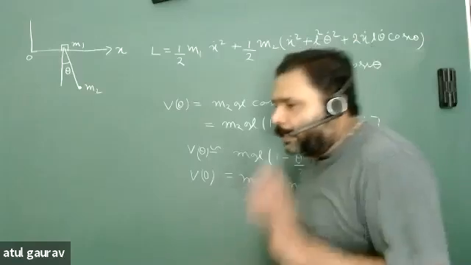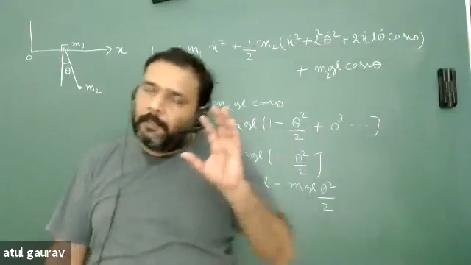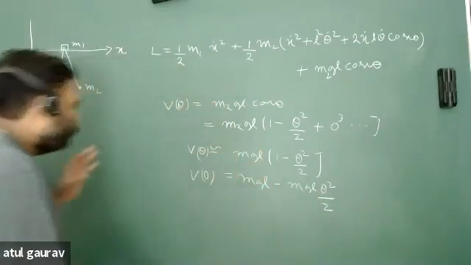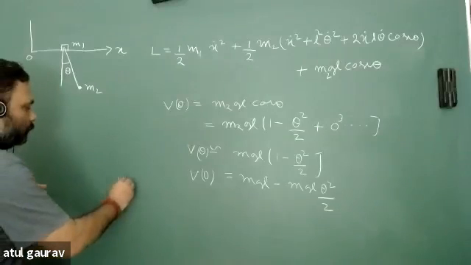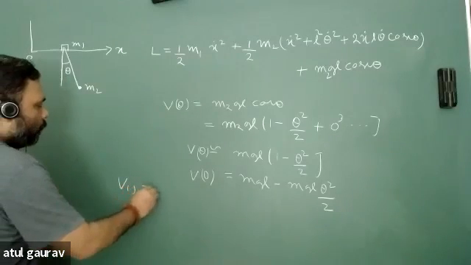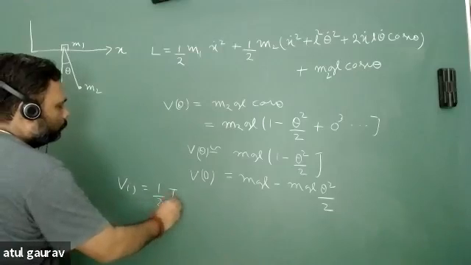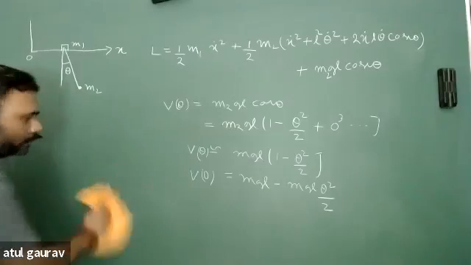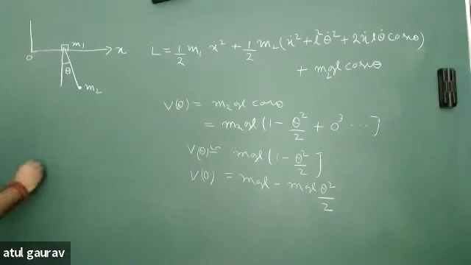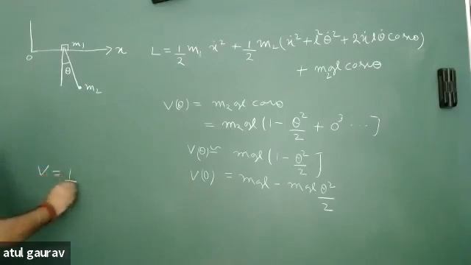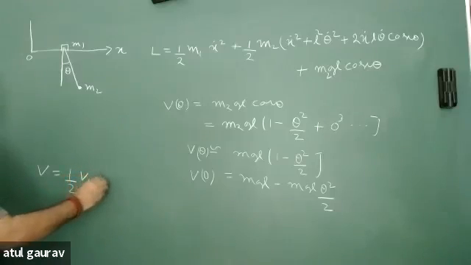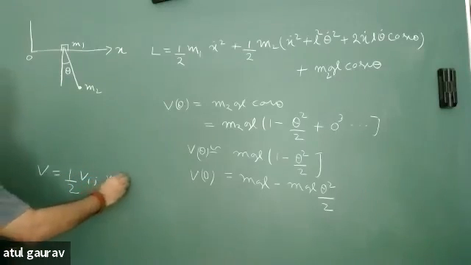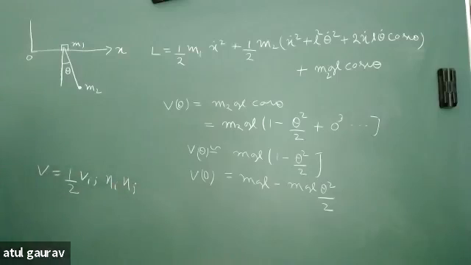Please always remember this particular concept. The concept is that the potential energy V is basically half the sum of a matrix element V ij times eta i eta j.